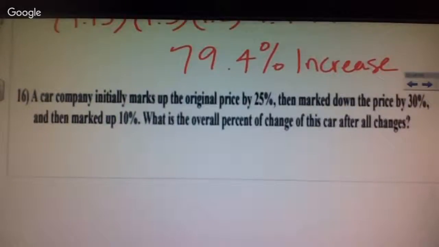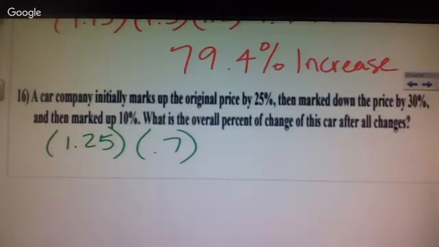Okay. The last one. A car company initially marks up the original price by 25%. What does that look like? 1.25. Then we're marking down the price by 30%. 0.7.